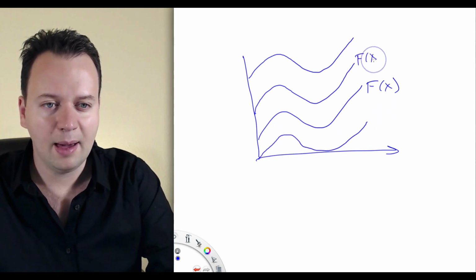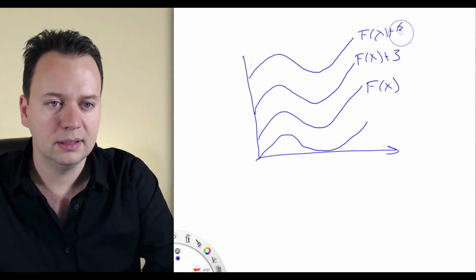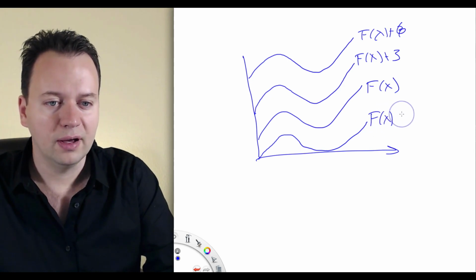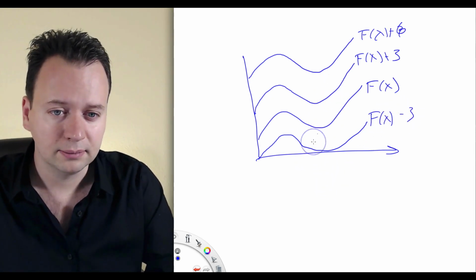So this might be capital F of x plus 3, capital F of x plus 6, capital F of x minus 3, and these would all be antiderivatives for little f of x.